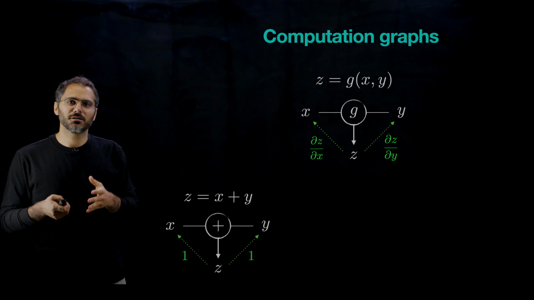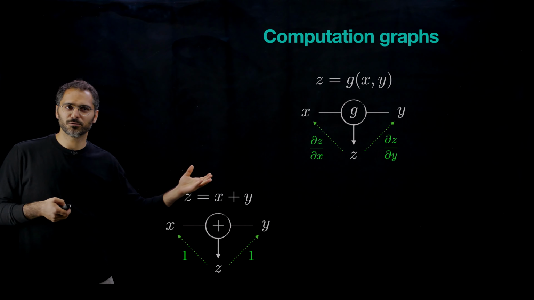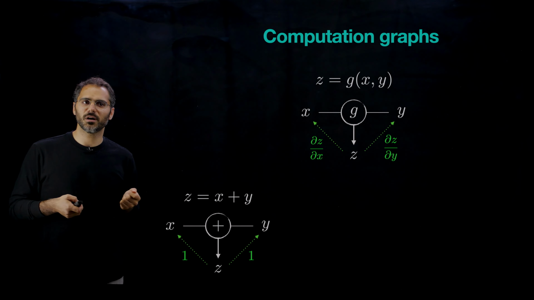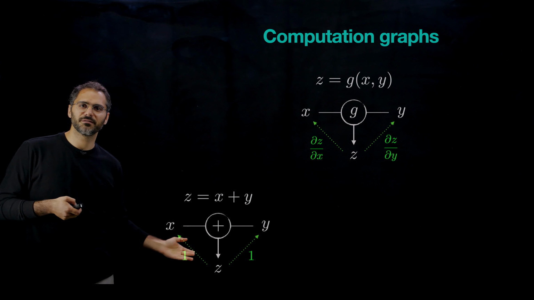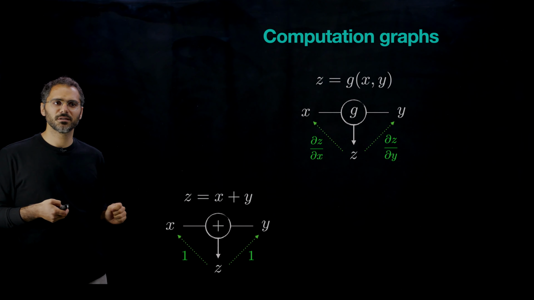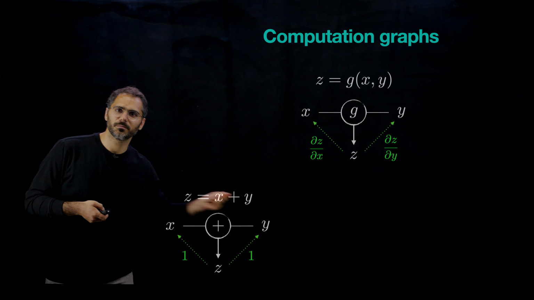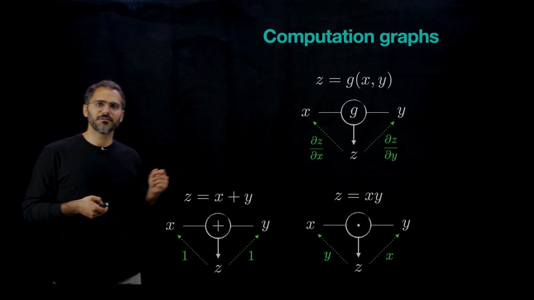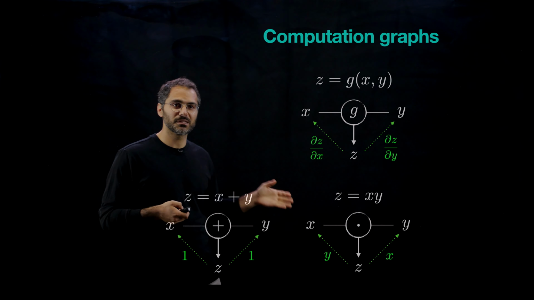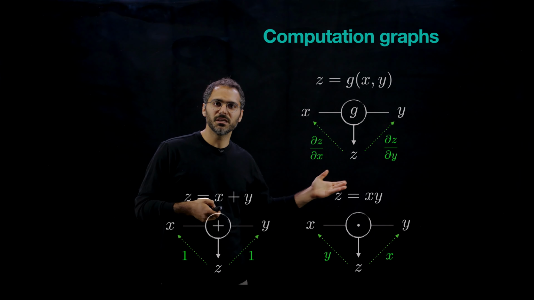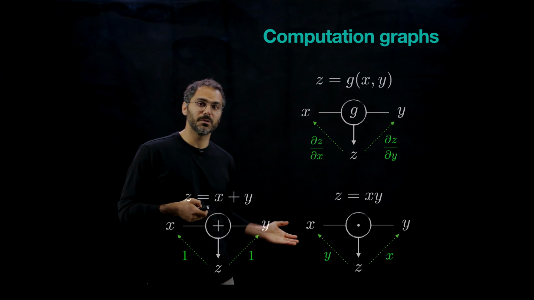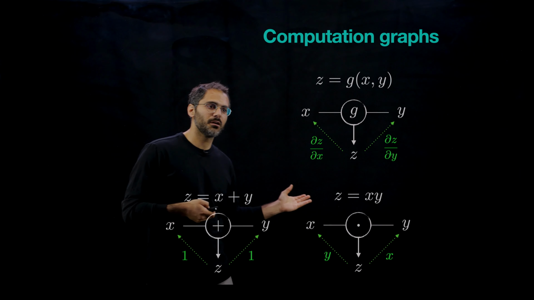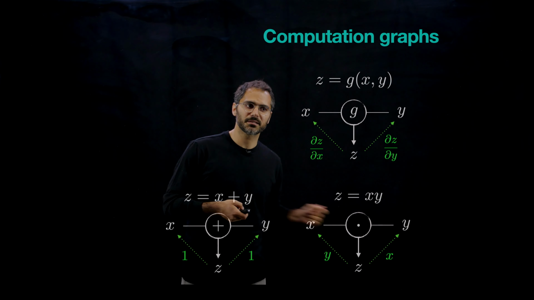Let's take a simple example. If z is equal to simply the sum of x and y, then dz dx, the derivative of z with respect to x, will be 1, and the derivative of z with respect to y will be 1. If I do the same with multiplication, z equals xy, now the derivative of z with respect to x would be y, and dz dy will be x.